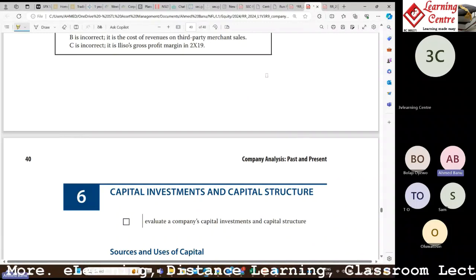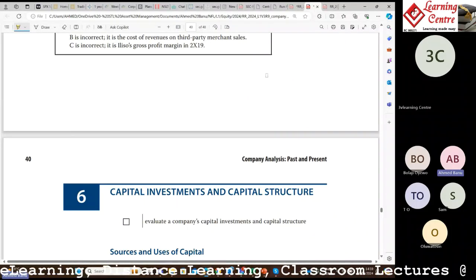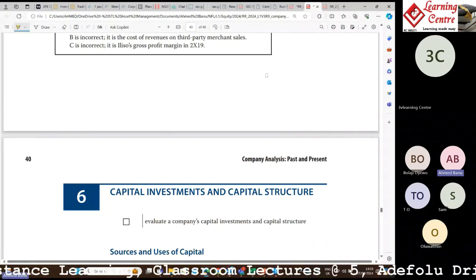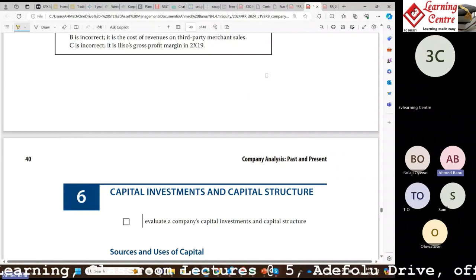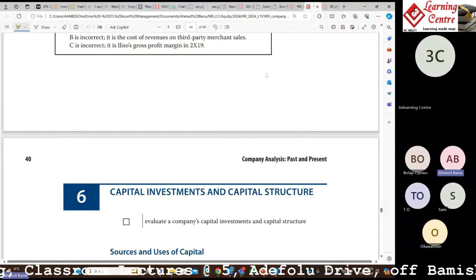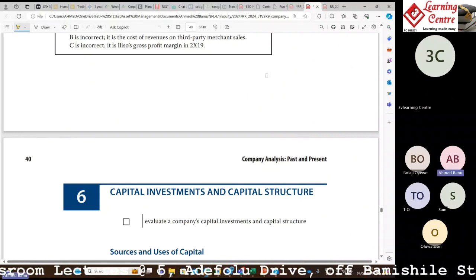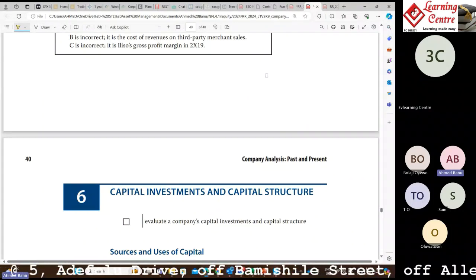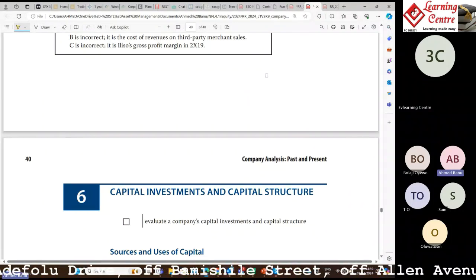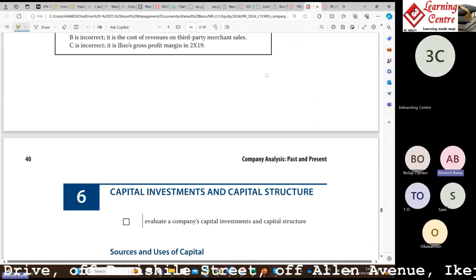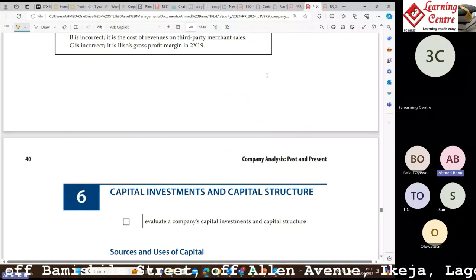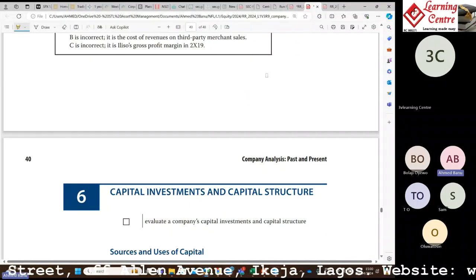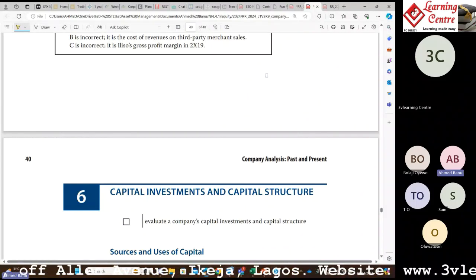We should also be able to forecast the company's net working capital or cash conversion cycle, but most of the time we use net working capital, because we need that in order to determine our free cash flow to the firm. So when you are forecasting your free cash flow to the firm, those are the variables that come into play. But remember that this reading is past and present. We need to know what happened in the past and what is currently happening for each of these variables in order to forecast what's going to happen in the future.